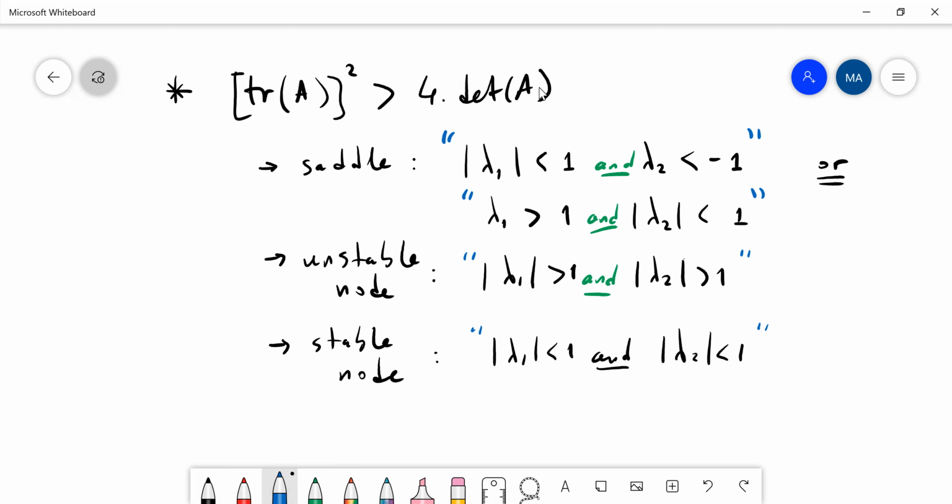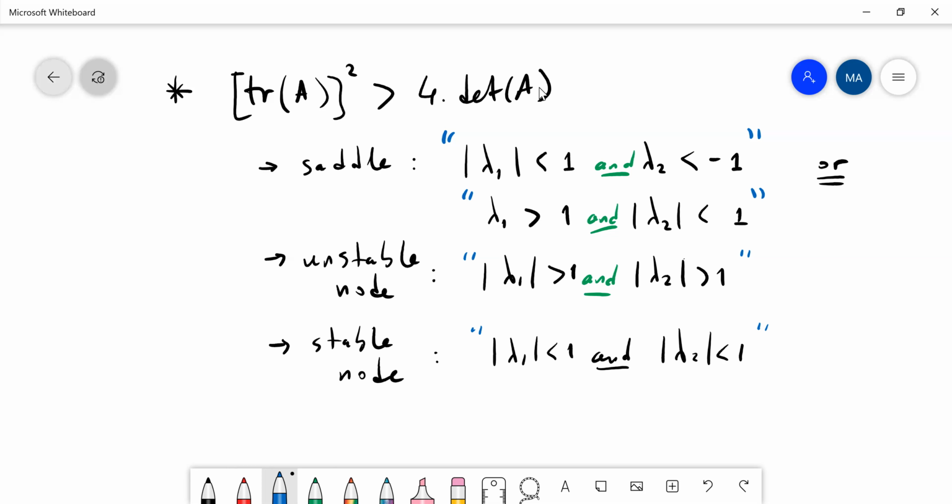Now be careful, because now the modulus of lambda 1 is equal to lambda 1 in absolute value, right? Because it is just real, as you see. Lambda 1 is real, lambda 2 is real, and these are two different numbers. So their absolute value becomes the modulus, okay?